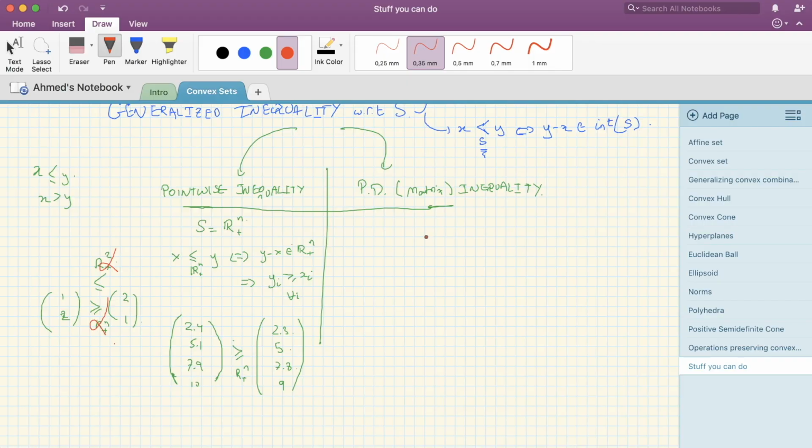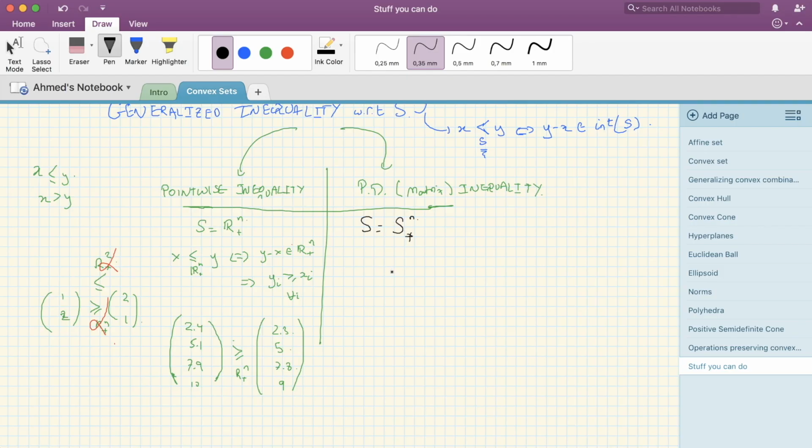Right, so this is it for pointwise inequality. Now let's talk about positive definiteness inequality, or matrix inequality. Previously, pointwise inequalities applied to vectors, and matrix inequalities apply to matrices. Your S here would be, as we described previously, the set of all symmetric positive semi-definite matrices.